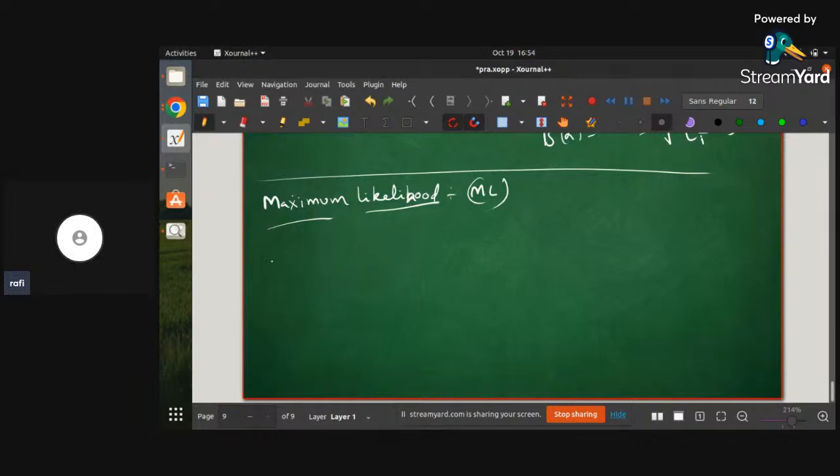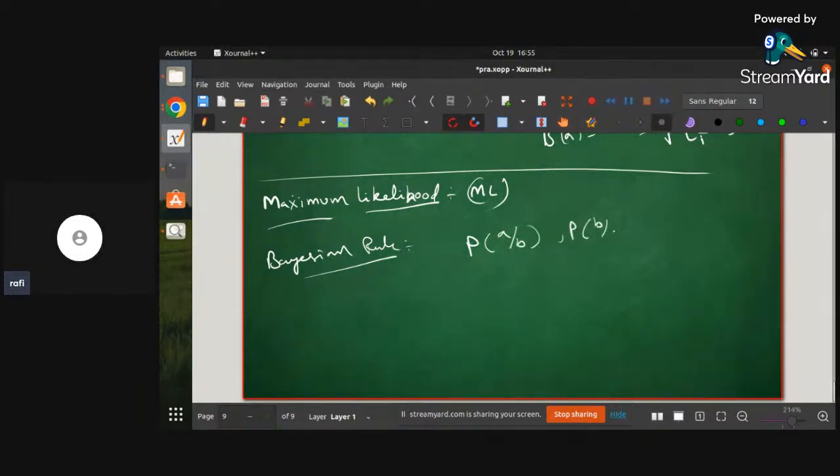Before that, you need to know what the Bayes rule is. It gives the relation between conditional probabilities. You have the probability of A given B and the probability of B given A, where A and B are some events.